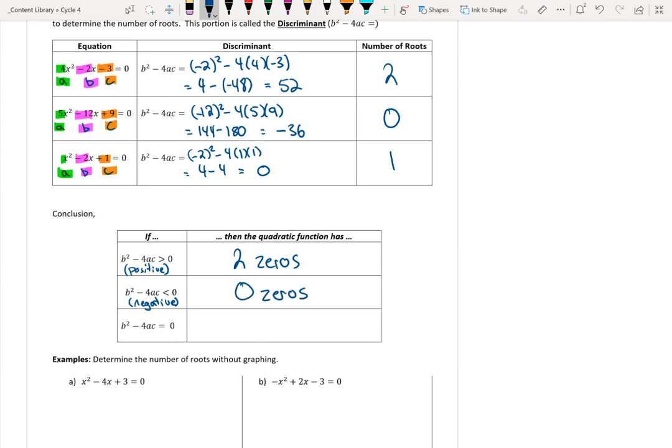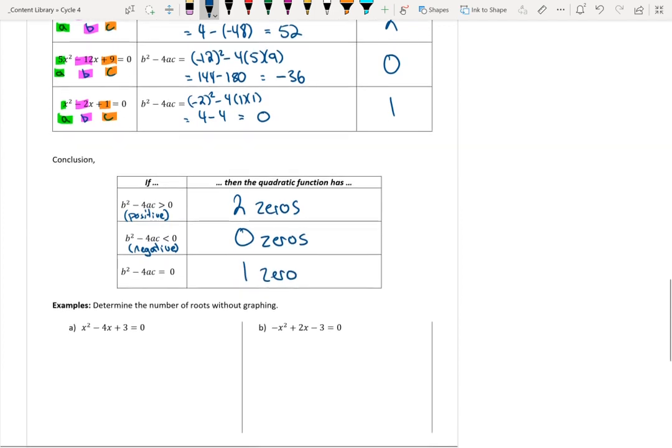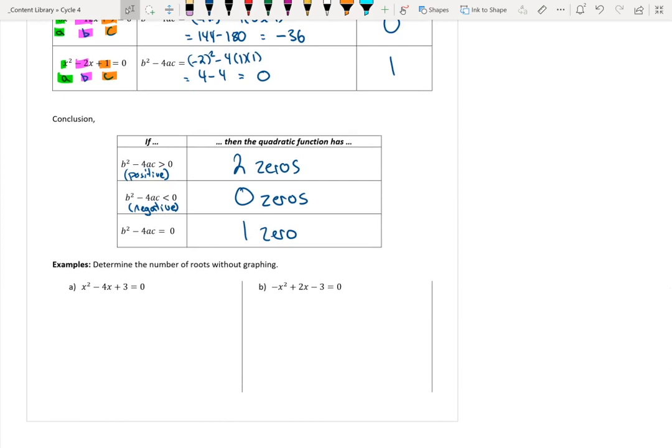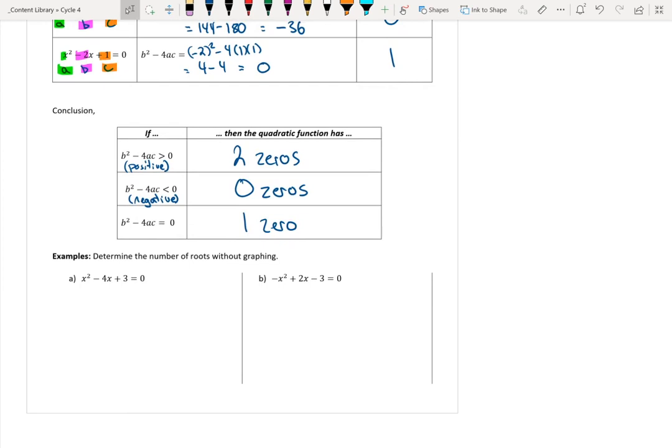And if it equals 0, it means I have 1 zero. So all I have to do, if I'm only concerned about the number of roots, without graphing, and I have the standard form, is just do this portion, or the discriminant, the b squared minus 4ac.